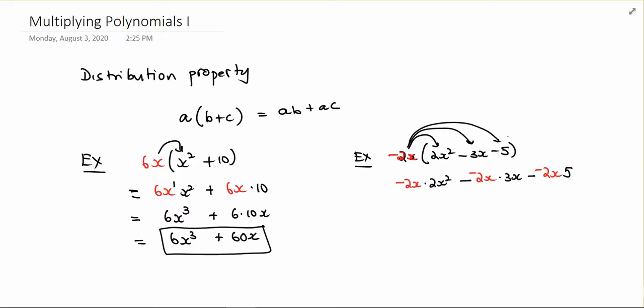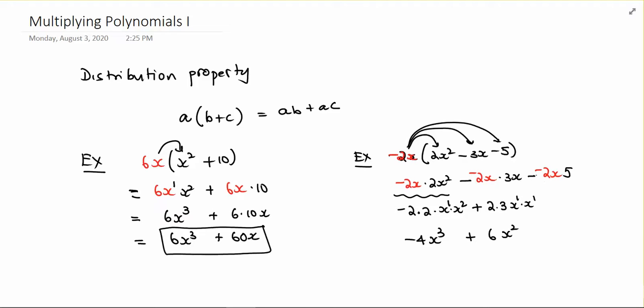Alright, so over here, this is really minus 2 times 2x squared, which is minus 4x to the third, because we add these exponents. Now in the second place, the negative and the subtraction sign are going to become positive, and again we can move things around, and that takes me to 6x squared.